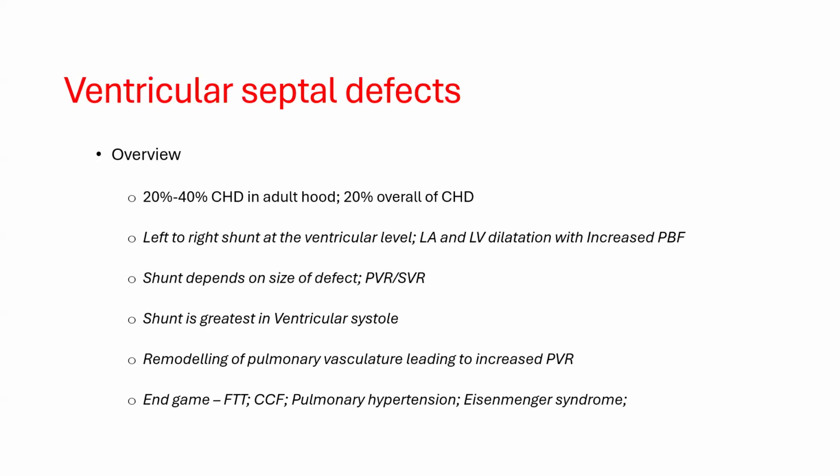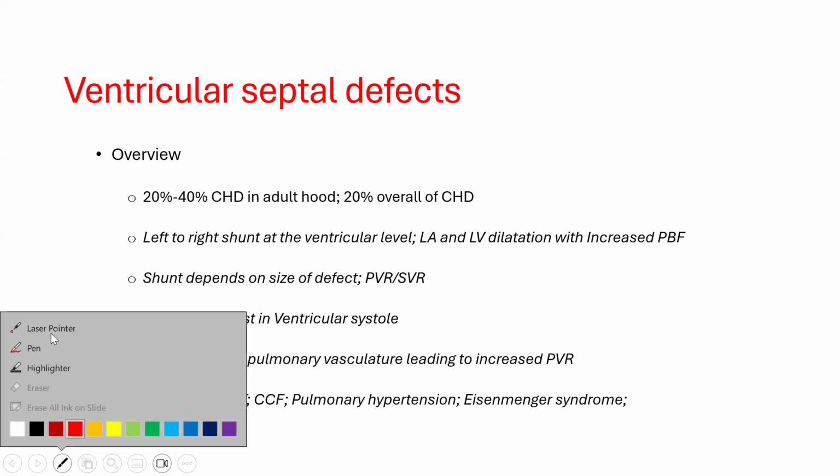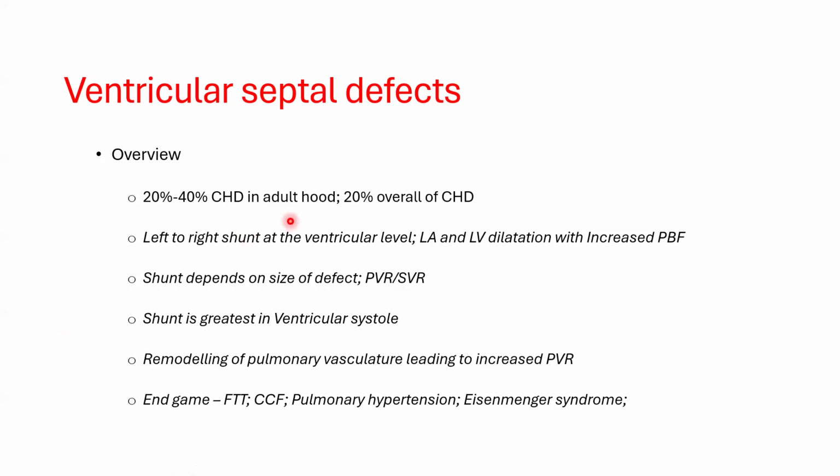So we'll move quickly to ventricular septal defect. I'm not sure how I'm doing with time. They are left-to-right shunt lesions at the ventricular level. This slide has a typographical error, so ignore it. The important thing is that it constitutes about 20% of overall congenital heart defects.